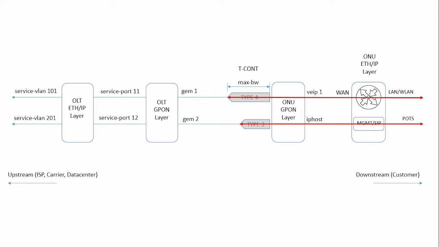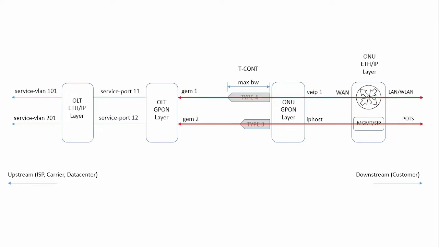So a bandwidth control and traffic prioritization mechanism is required to avoid essential data loss in case of congestion. T-CONT is that mechanism. In T-CONT, it's possible to configure maximum upstream bandwidth and some type of traffic allocation like fixed bandwidth, assured bandwidth, or best effort.